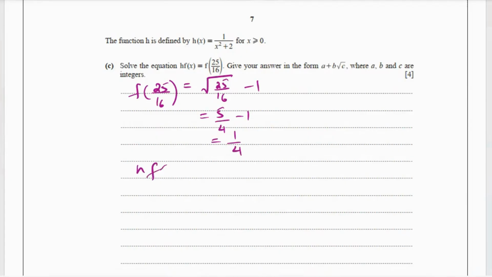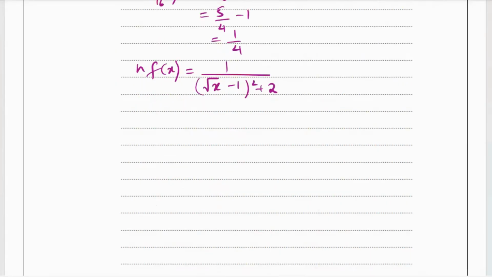Then h of f of x is going to be 1 over (root of x minus 1) whole squared plus 2. Now, since both of these are equal to each other, 1 over 4 equals 1 over (root of x minus 1) whole squared plus 2. So (root of x minus 1) whole squared plus 2 equals 4.